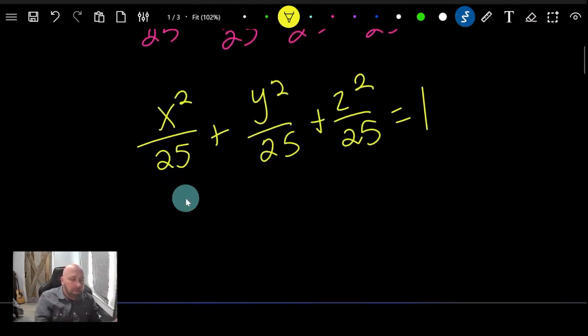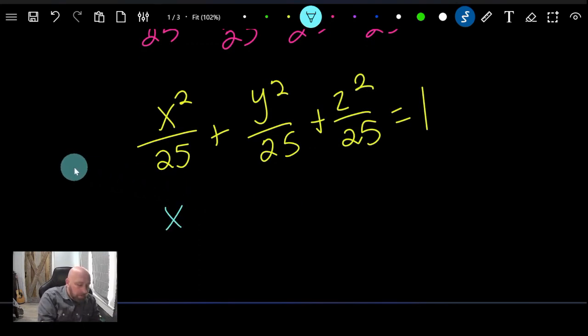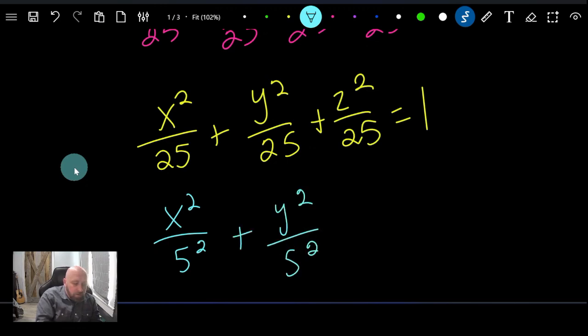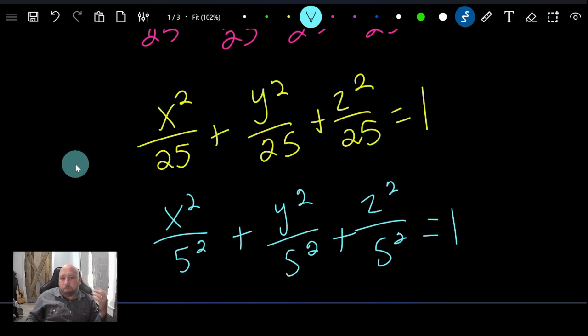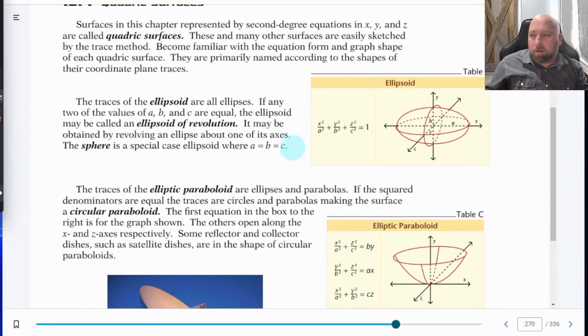So we could break that down and make it look even more like that by going x squared over 5 squared plus y squared over 5 squared plus z squared over 5 squared equals 1. I just broke down that 25 into squared units. And look back over here in the book: x squared over a squared, y squared over b squared, z squared over c squared equals 1. This is the thing that we have.